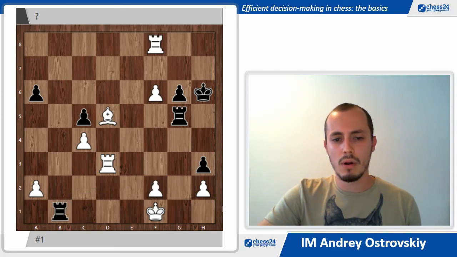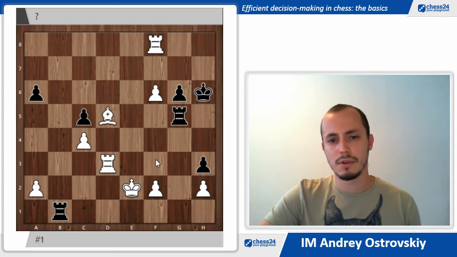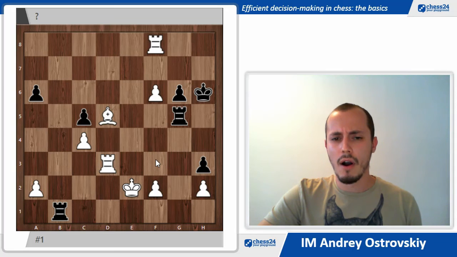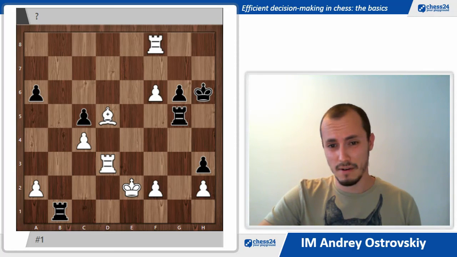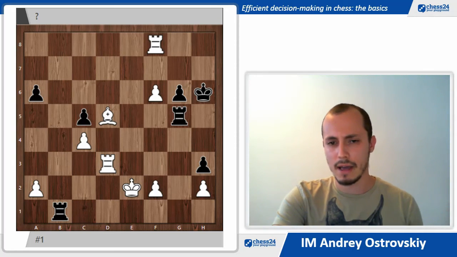Rook to b1 gives white's king a chance to escape, so king goes to the second rank, and then after, for example, another check, king goes further. So it's not so hard to understand that black has nothing here. So white simply has extra material and continues an attack with the threat of promotion of the pawn.